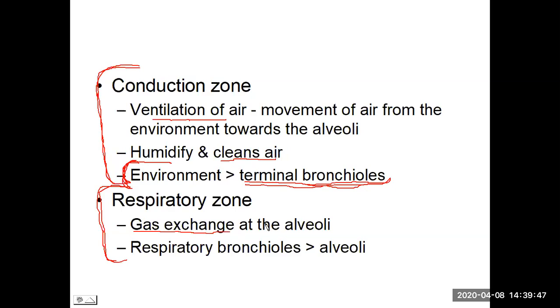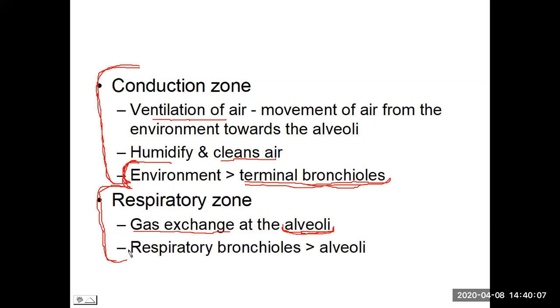The ultimate final step of the respiratory system is these structures called alveoli. These are millions of tiny air chambers within the lungs, hundreds of millions of them, in direct contact with the capillaries of our cardiovascular system.